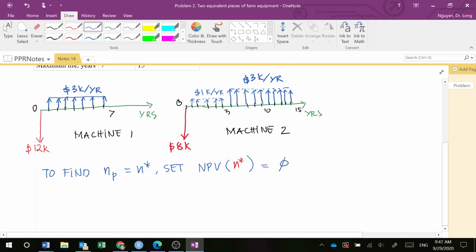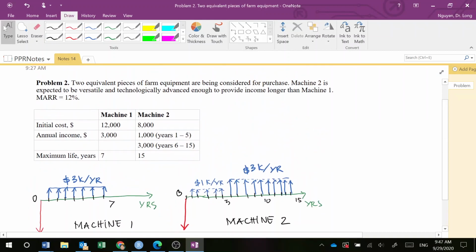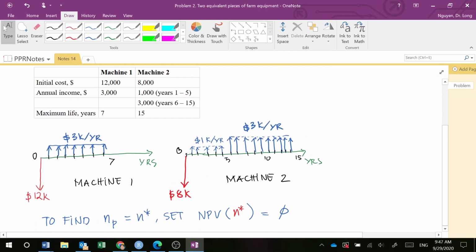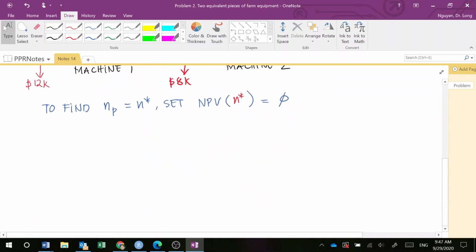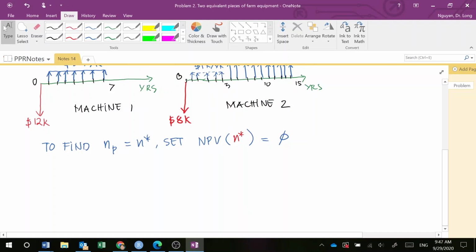And we ignore the cash flow after the payback period. With that, we want to see for Machine 1 and Machine 2 what the payback period N star is.